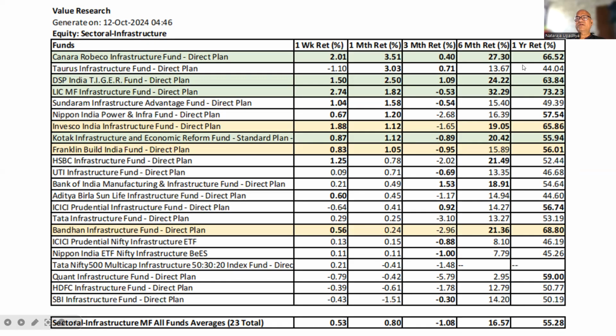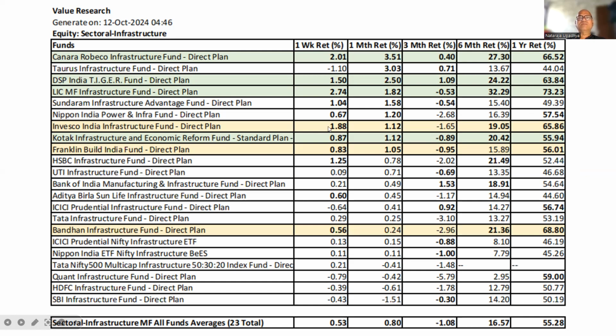There are 3 funds above 60%: Canara Robeco Infrastructure Fund, DSP India Tiger Fund, LICMF Infrastructure Fund. Among these, 2 funds are above 2% for the weekly return, Canara Robeco Infrastructure Fund and LICMF Infrastructure Fund. So they are definitely investment worthy.